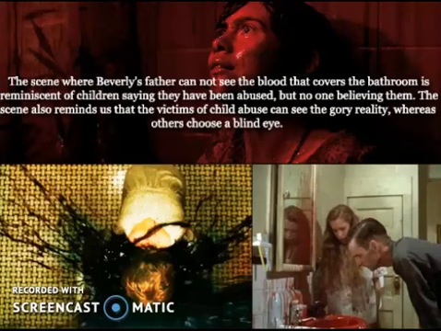The scene also reminds us that the victims of child abuse can see the gory reality, whereas others choose a blind eye. And you very much get the sense in the films that Beverly is being abused by her father or has been in the past, and she's dealing with these things on her own. And this bathroom comes to represent that imagery. And I feel very connected with that image and the lipstick bathroom by Chicago and Schapiro here.